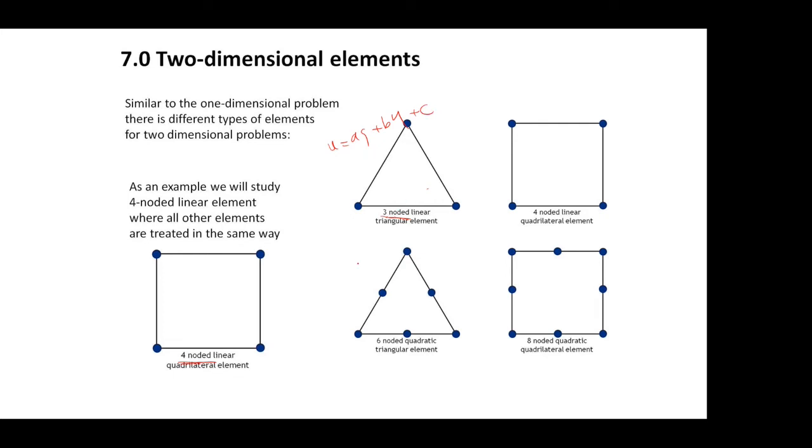Now you can push things further and have u equal to a xi squared plus b eta squared plus c xi eta plus d xi plus f eta plus, I don't know, g. So you have 1, 2, 3, 4, 5, 6 components, and then you can increase the order further. So this would be a 6-noded element.